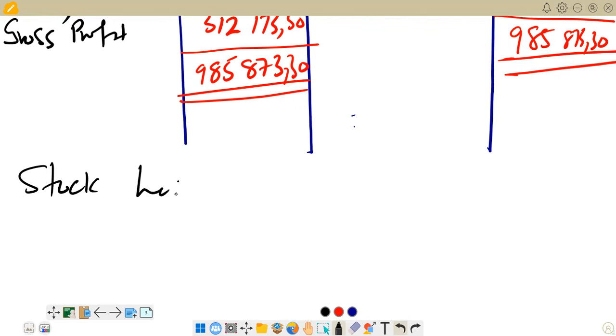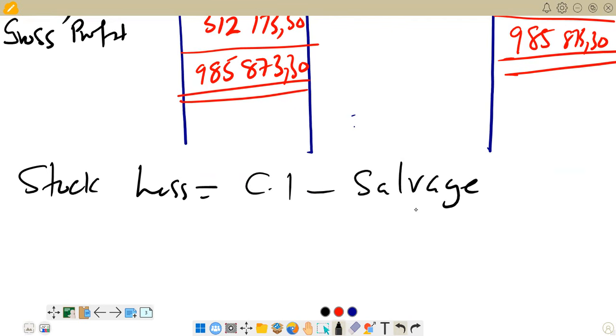We said it's equal to closing inventory minus salvage, which is the amount of stock that remained after the loss. Our closing inventory we found there, 125,873.30. And the salvage, we can find it in the question.